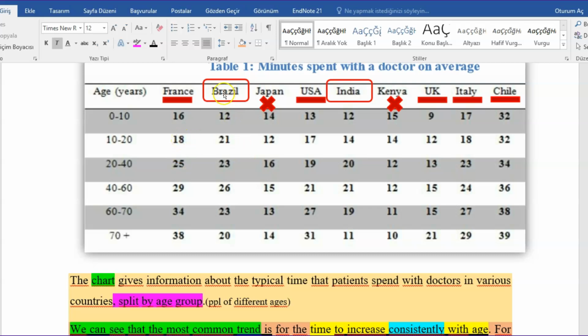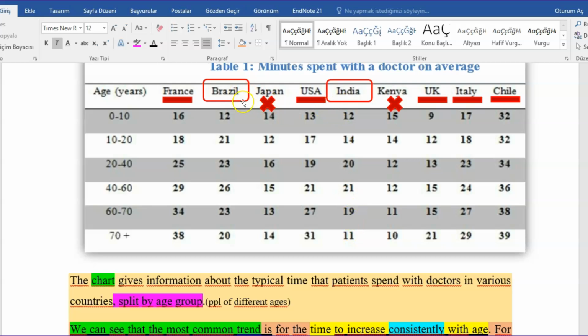Let's look at Brazil, 12 to 26, an increase pattern, but then we saw a decrease pattern to 20. In India we saw an increase pattern to 21, but then we have a decrease pattern.